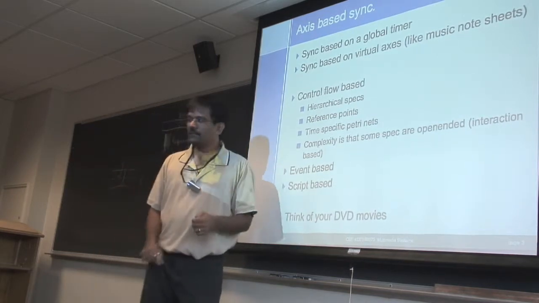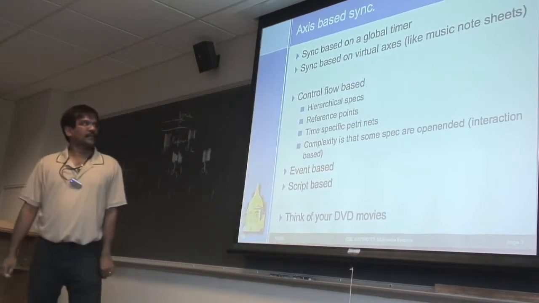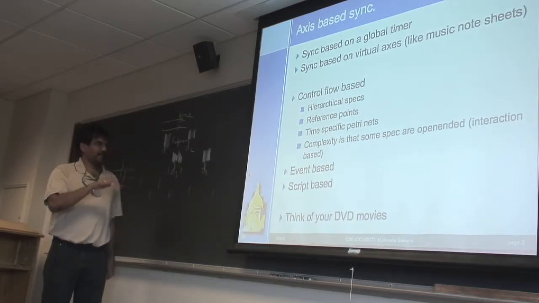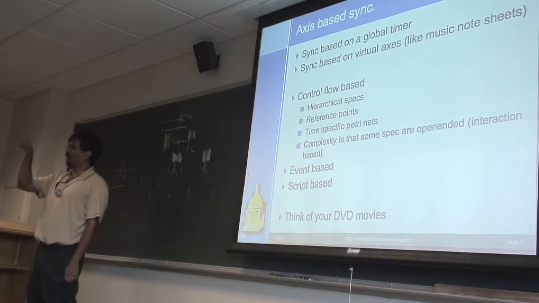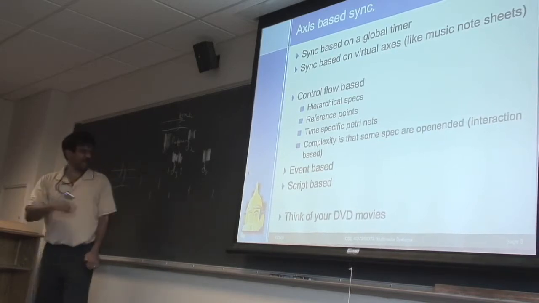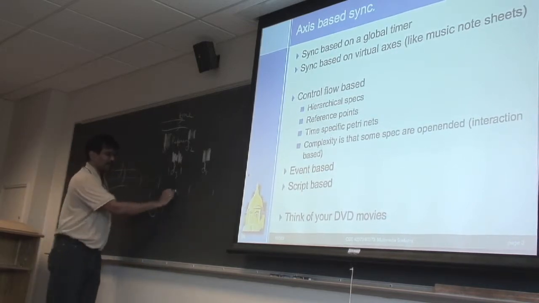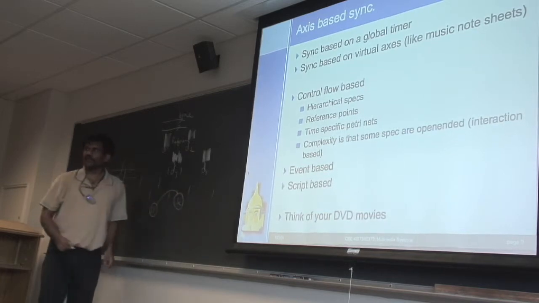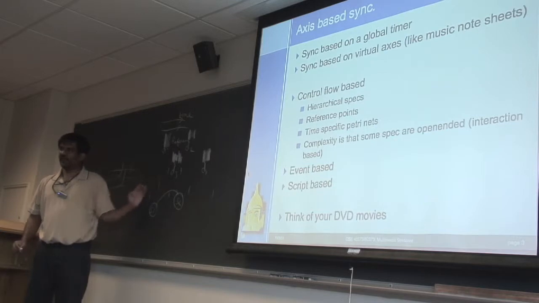I have a quick question. Yeah. Time-specific Petri nets, what are those? So Petri nets define the Markovian, so they define the time transitions on what happens when you go from state 1 to state 2, right? So they're defined by time.